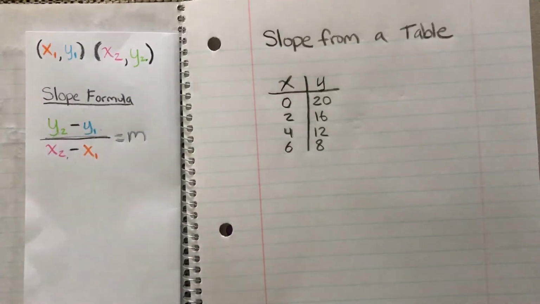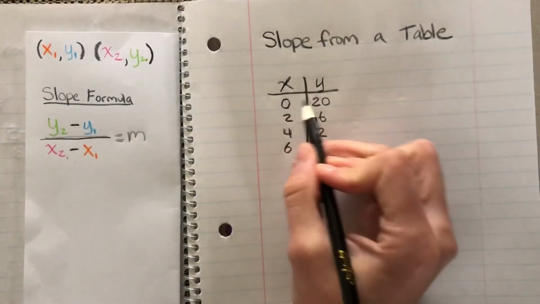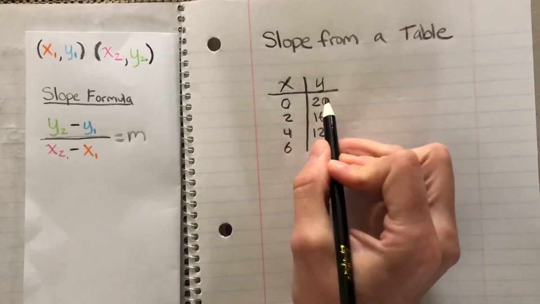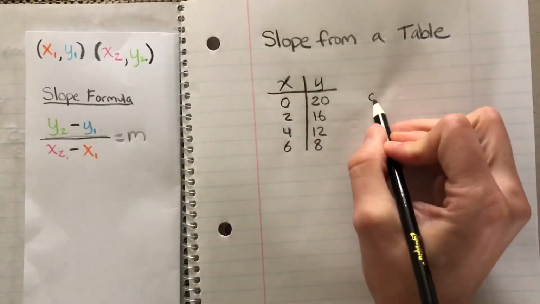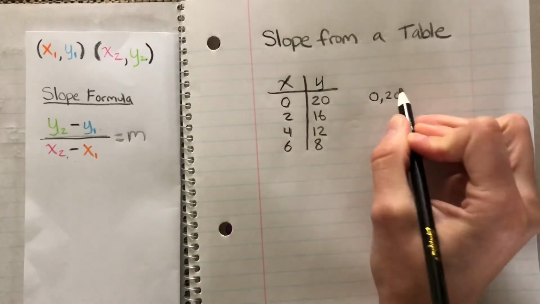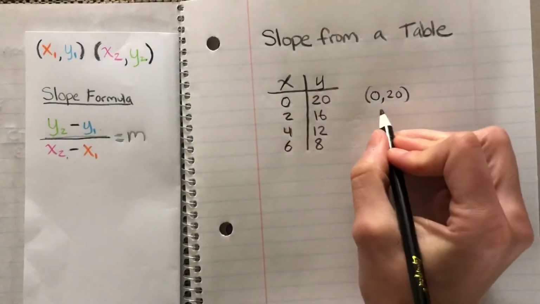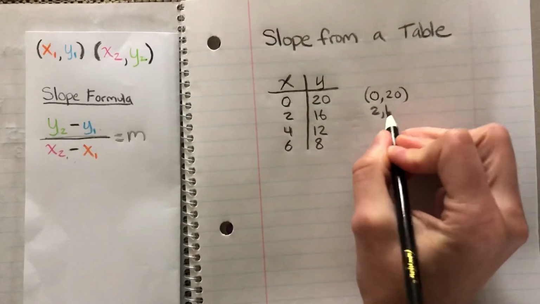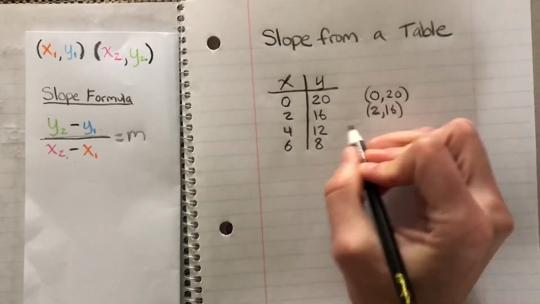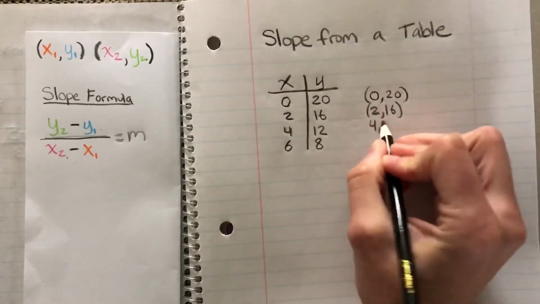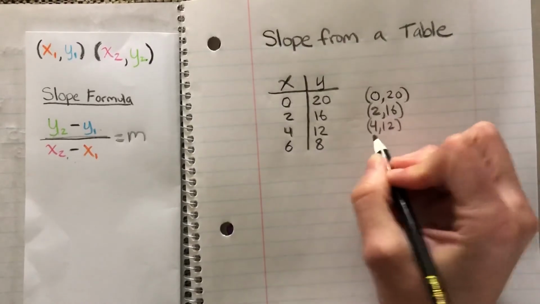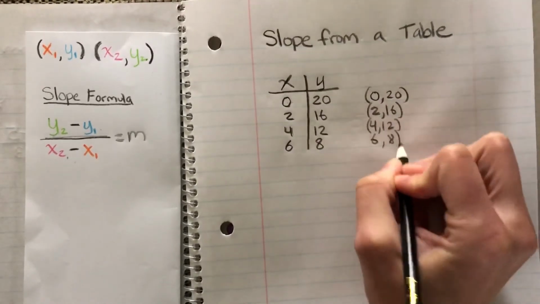So I can actually write this first x value at 0 and y value at 20 as the point 0, 20. So all this table is doing is organizing your ordered pairs in a different way. We talked about this when we looked at our functions unit. The second point would be 2, 16. There's a third point at 4, 12, and a fourth point at 6, 8.